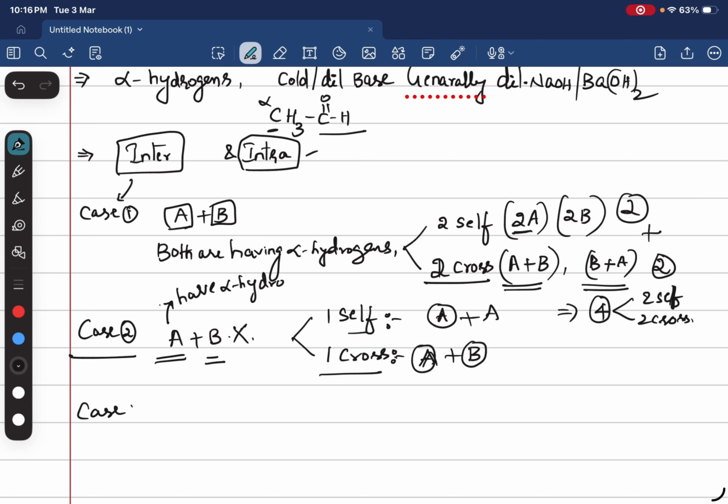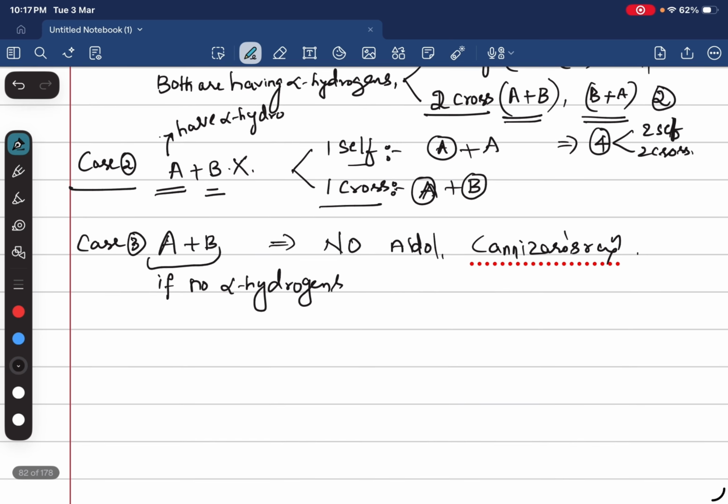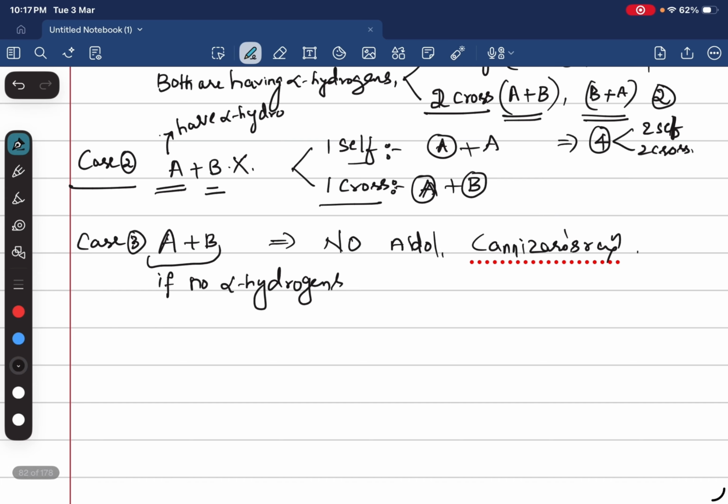Case 3, if no alpha hydrogen is present in either carbonyl compound, then no aldol reaction. Then which reaction takes place? Cannizzaro reaction is possible. These are the cases based on alpha hydrogens.